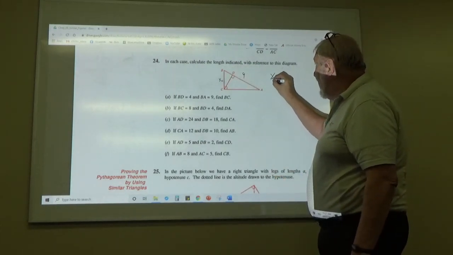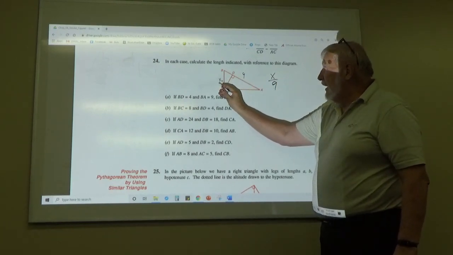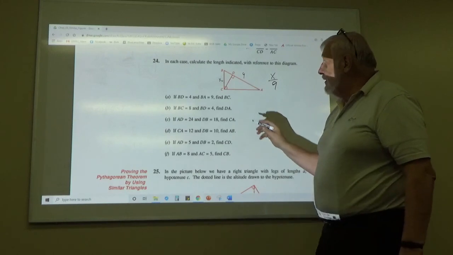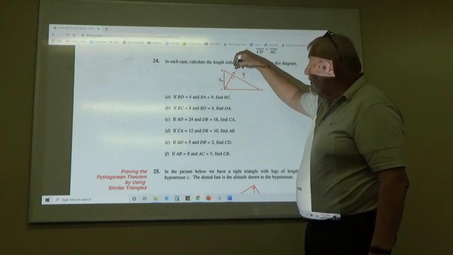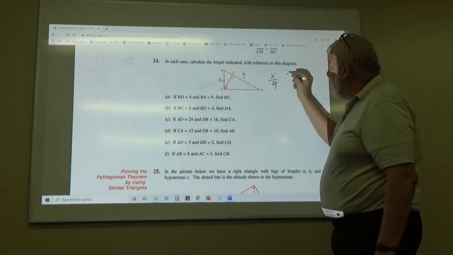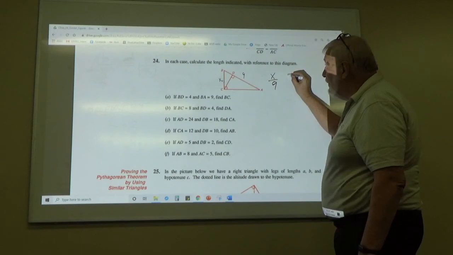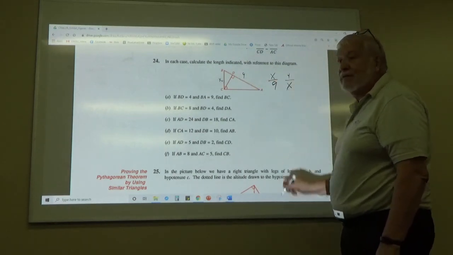So I can say x over 9 is the short side over the hypotenuse. Now, BD is the short side. All right? So the short side BD goes here, and it's 4, and now the hypotenuse is x.